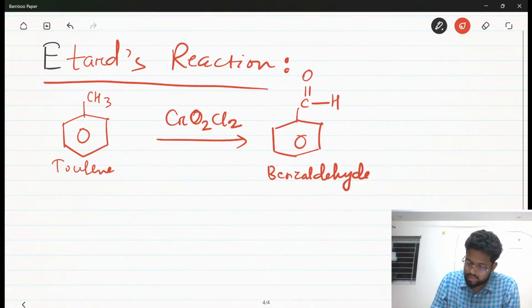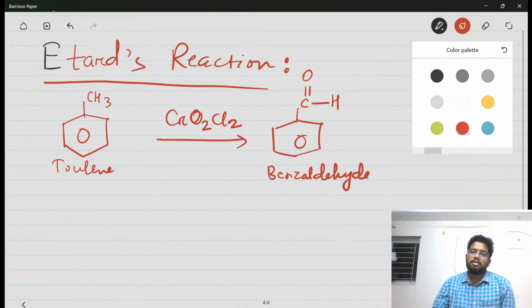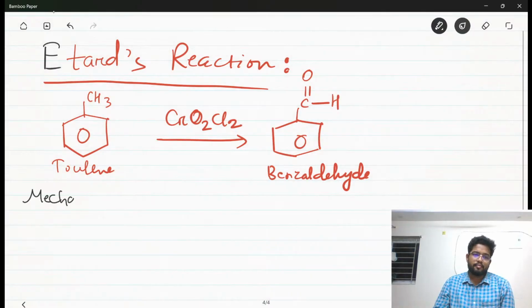how this benzaldehyde is formed, what are the intermediates? Let's start the mechanism. So I have starting material toluene. How to write toluene?